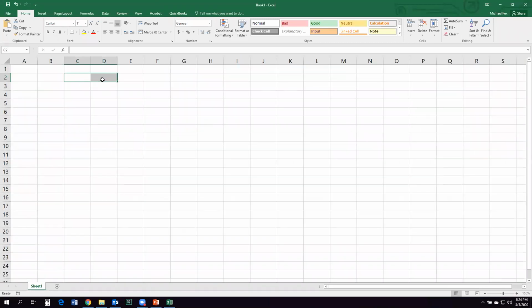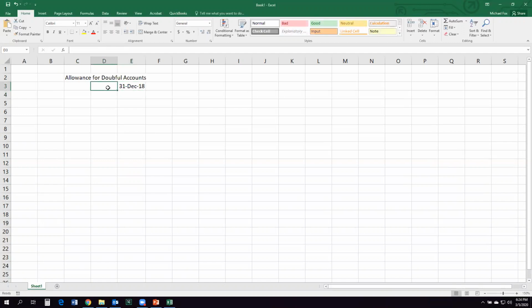All right, so we're going to have our allowance. At the end of a given year, so December 31st, 2018, this account will usually have some kind of balance in it. Let's just say it has $5,000 as the balance in the account. Think of the one we just looked at, the 12,000.